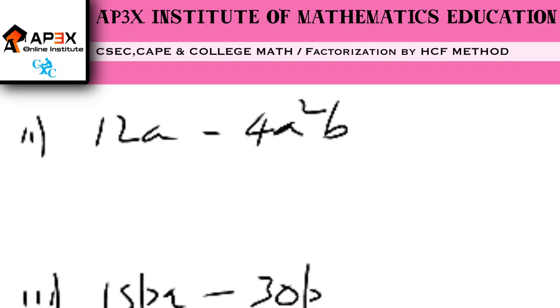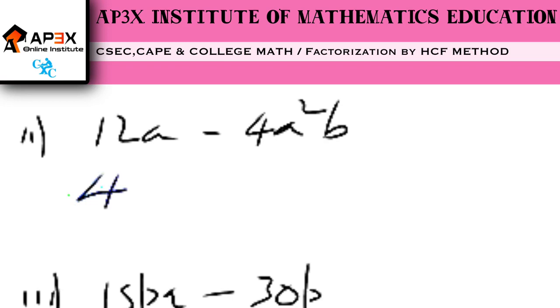So let's get into exactly what needs to be done here. Factorize means I need to find a common factor between the numerical values and the algebraic expressions. Now, for 12 and 4, it is evident that 4 is your HCF. Now, it's very important, right? Regardless of how experienced you are, you want to check to see if the variables are repetitive.